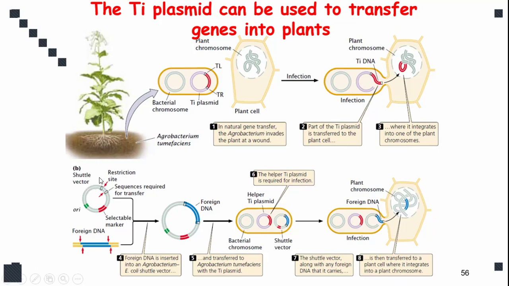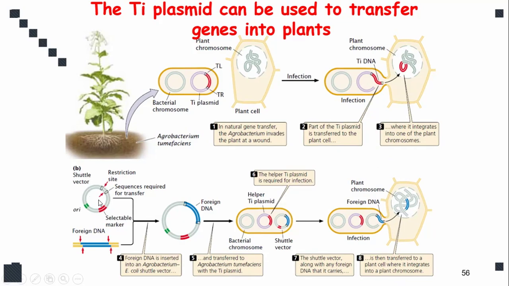Then in B, for instance, here you can see your molecule. This is your selectable marker. This is your foreign DNA that you want to move. You bring them together, select everything, and then you have your foreign DNA inserted into this plasmid, and then you can see what happens.